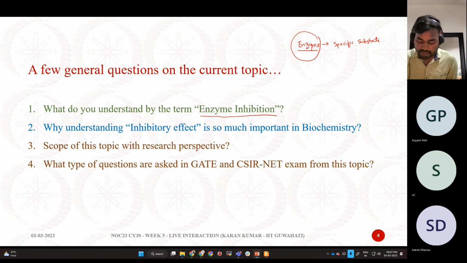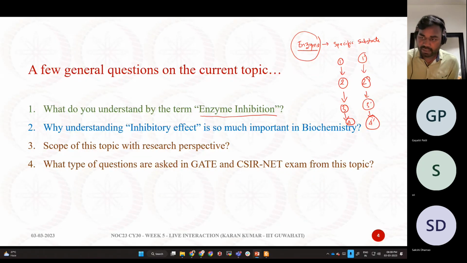Let us say in a cancerous cell there are multiple enzymes in its metabolic pathway: one, two, three, four. Let us talk about only four enzymes. In normal cells you also have a similar set: 1 prime, 2 prime, 3 prime and 4 prime.